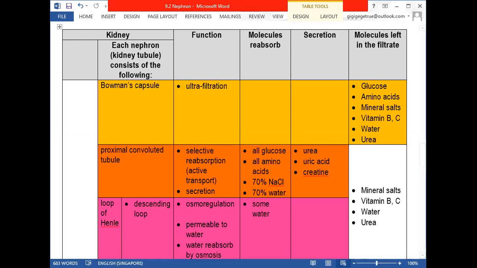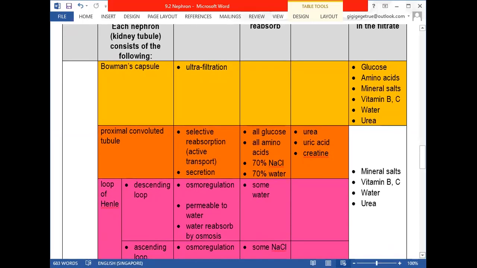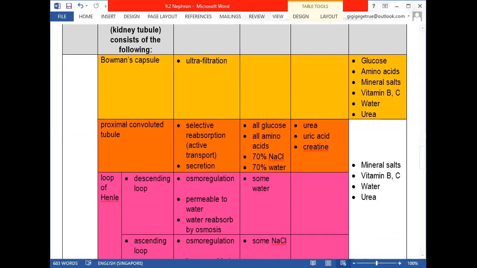So at this point of time, we have removed all the glucose, no more glucose already.